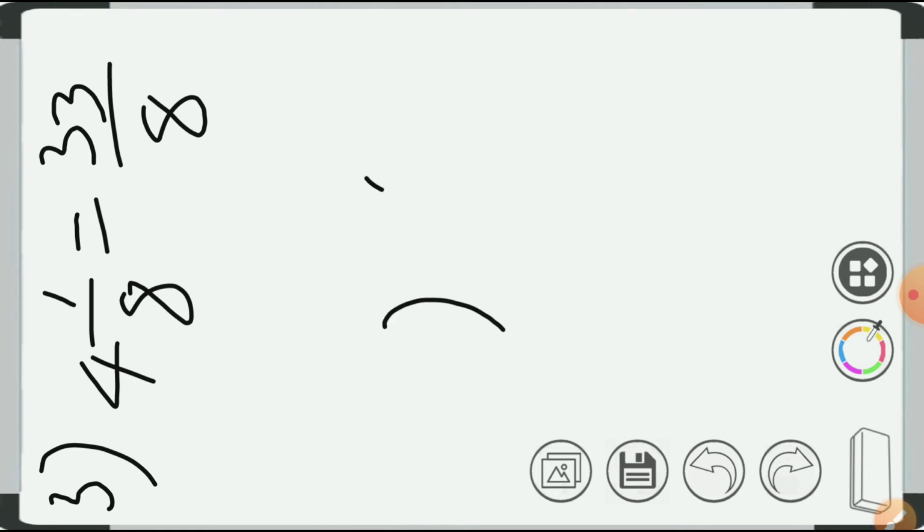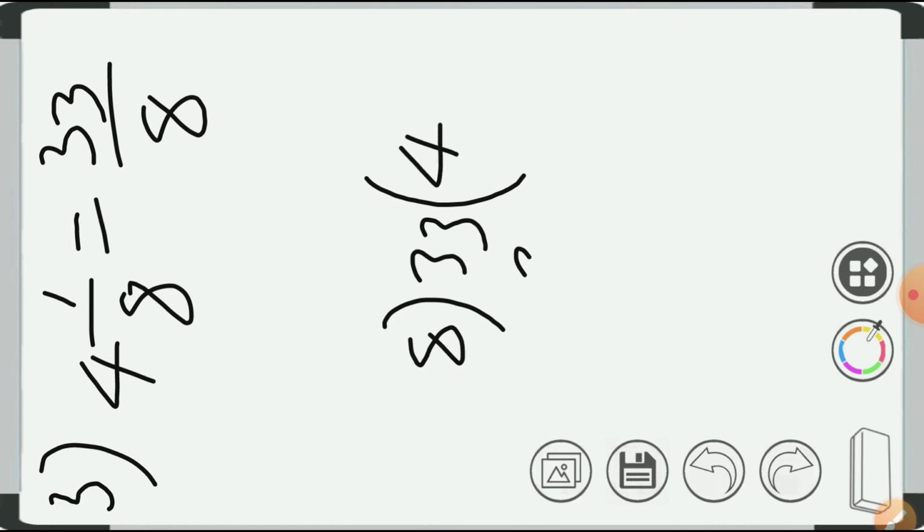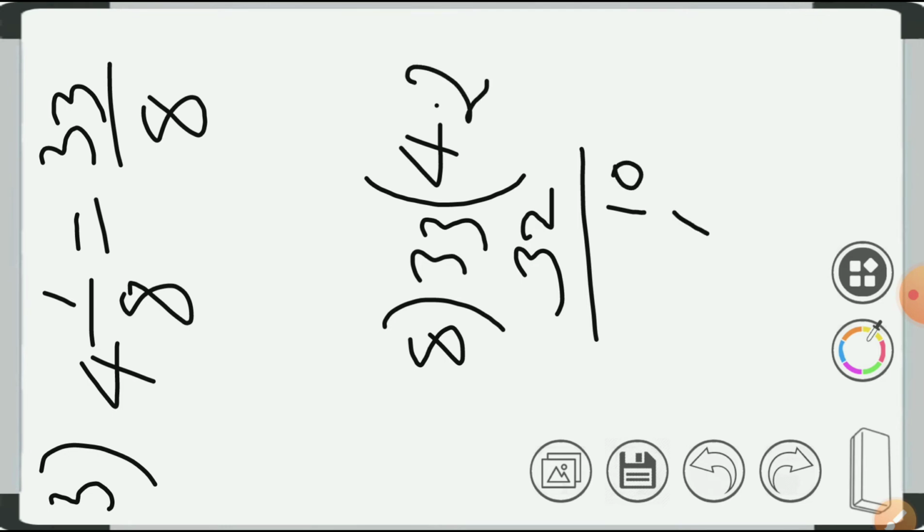And next start the division. Dividend inside and divisor outside. 8 4s are 32. Remainder is 1. Give a point, take 0. 8 1s are 8.